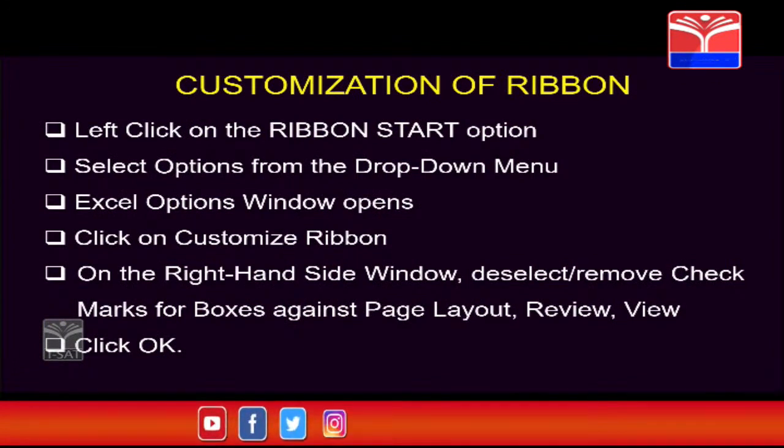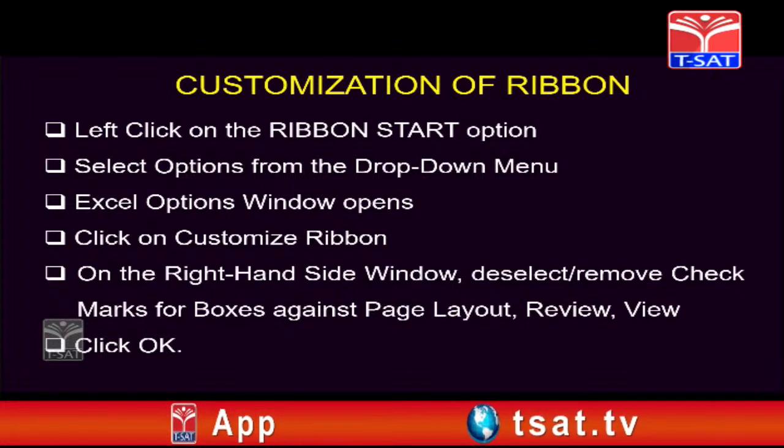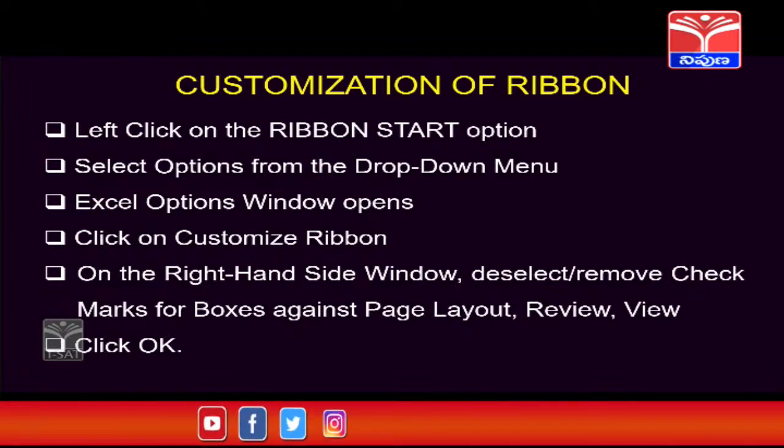Now, once the file options open, we are supposed to scroll down in the drop down menu and select the Options tab. Once the Excel Options window opens, we are supposed to go ahead and click on Customize Ribbon.